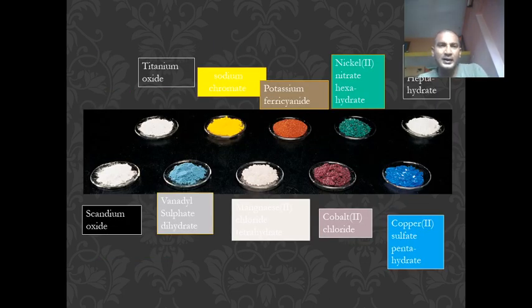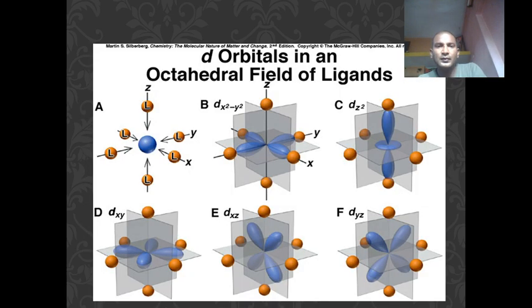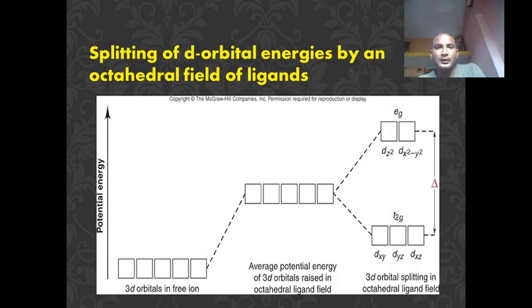They show different colors. This can be shown in this figure. This diagram shows the splitting of energy levels. Eg atomic orbitals have higher energy and T2g energy levels have lower energy.